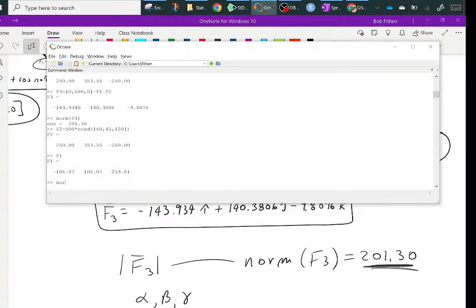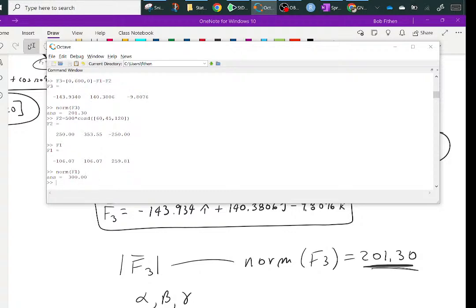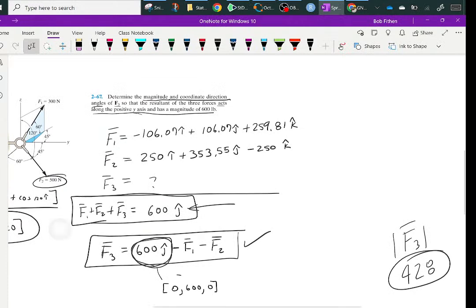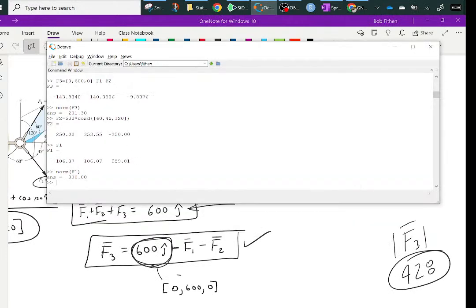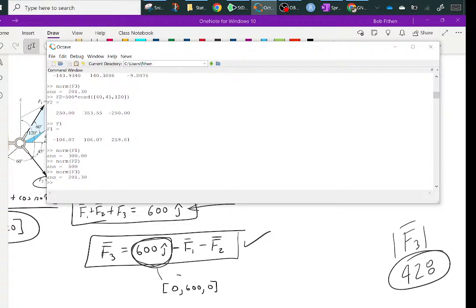Okay, so here's what I'll do. Norm of F1, okay, is that correct? Was the thing 300? Yeah, the other one was 500. So I'm going to do a norm. Just doing checks to see if, oh, wait. I don't know what happened. Norm of F2 and the norm of F3, and I get 201.